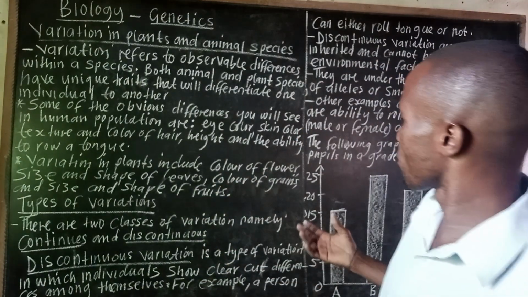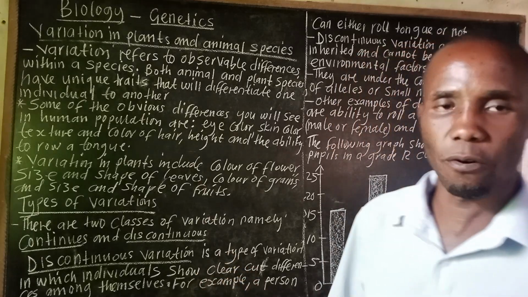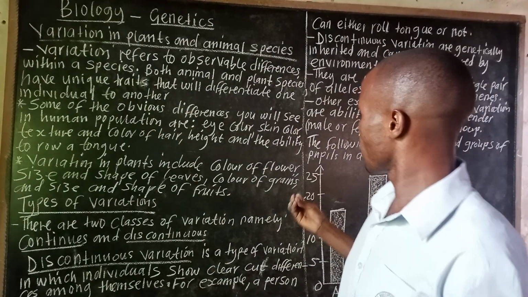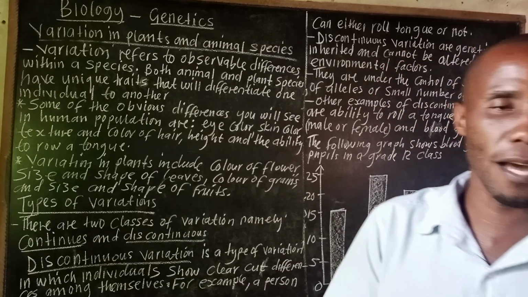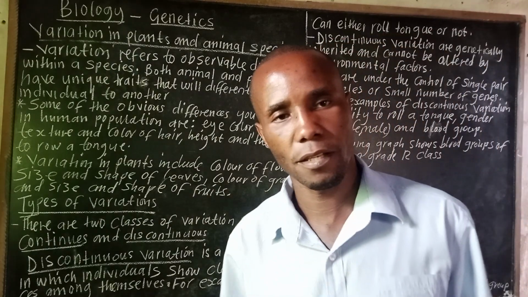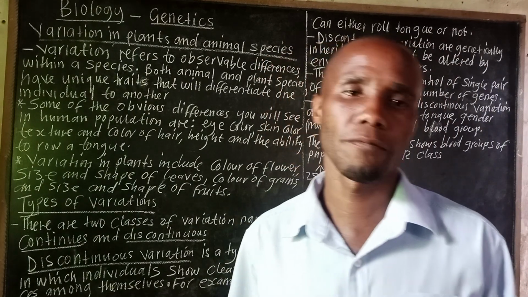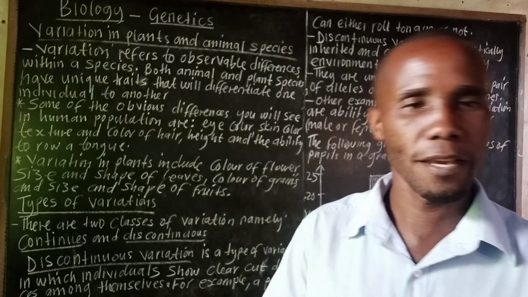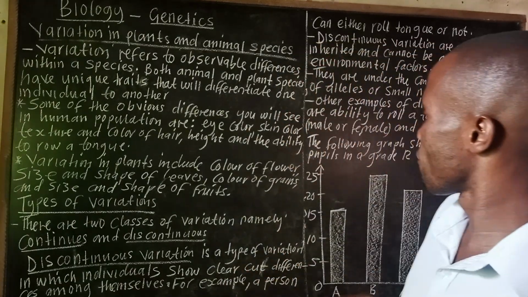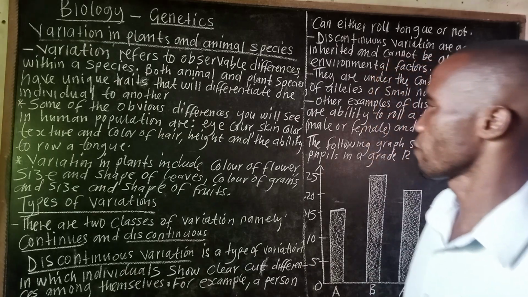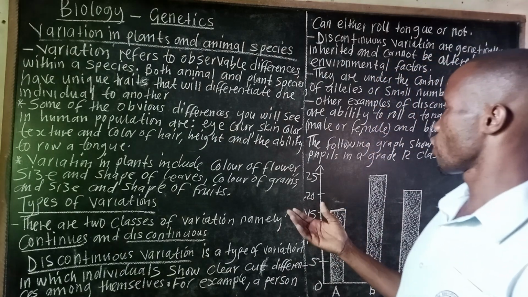Another point, variation in plants. Also, we need to look at the obvious differences that you are able to see. First, color of flowers. Some flowers are yellow, others are red. That is the variation we are talking about. Then size and shape of leaves.